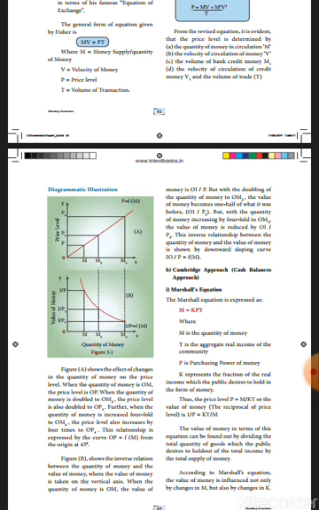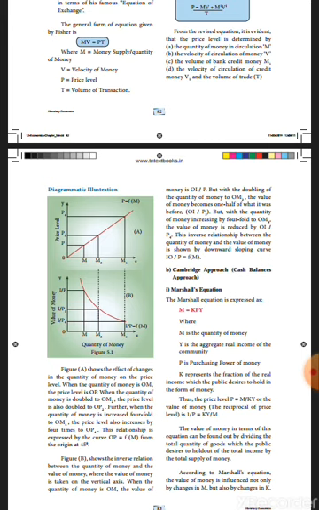At the same time, if quantity of money on the x-axis is increased fourfold to OM4, price level also increases by 4 times to OP4.